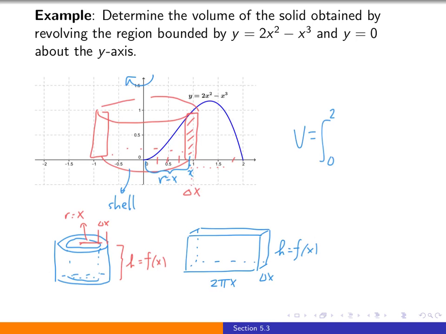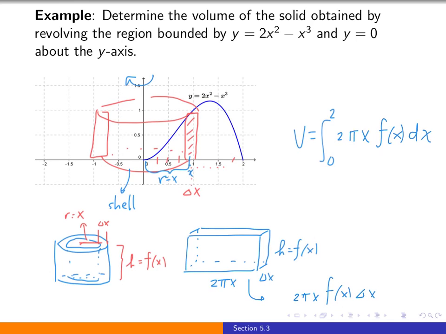So the volume of this, what we're going to call a cylindrical shell, is going to be what? 2 pi x times f of x, its height, times its thickness. Which means what we are going to integrate would be 2 pi x f of x dx.